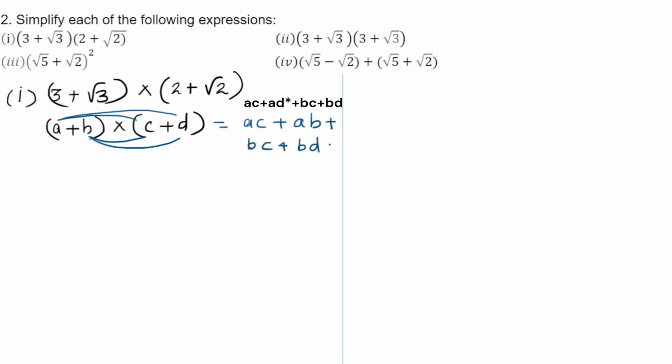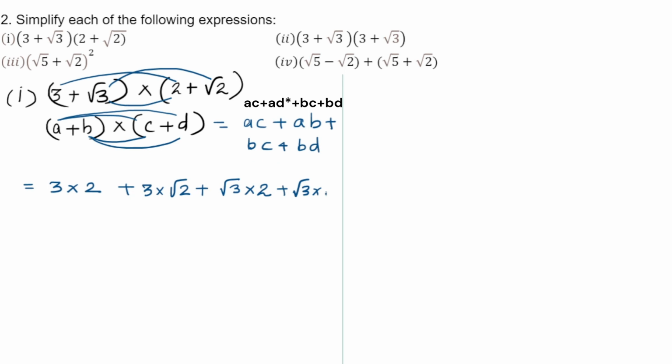So this is how you are going to open this expression. So 3 gets multiplied with 2 plus 3 gets multiplied with root 2 plus root 3 gets multiplied with 2, and the last one root 3 gets multiplied with root 2. So root 3 into root 2.